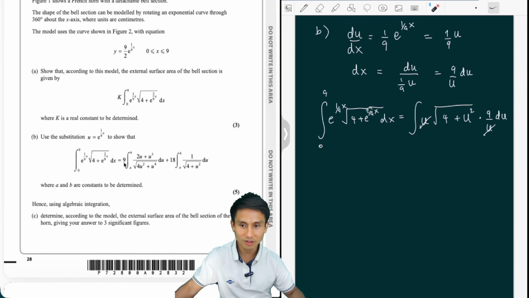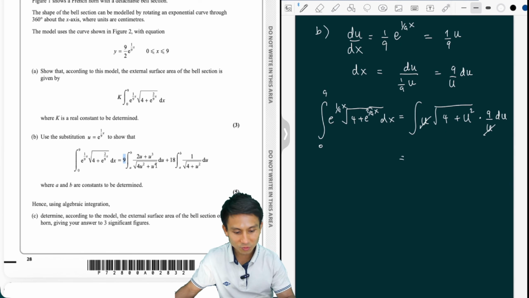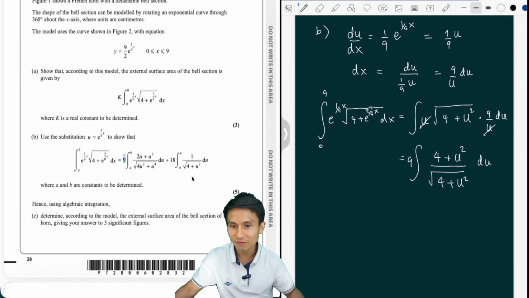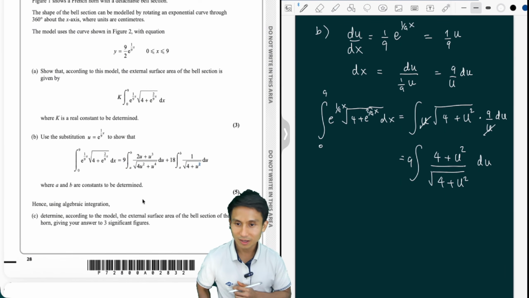Okay? Well, looking at the final form here, it seems like what we have here doesn't quite match what they want. But if you notice, we have a 9 outside here, which is this 9 here. But this thing is a little out of sync here. So we can tweak the form. If I put 9 outside and du here, that is basically just this, right? Because we want to put this as the denominator, because they have a denominator here, I notice. So that's why I'm going to do this first.